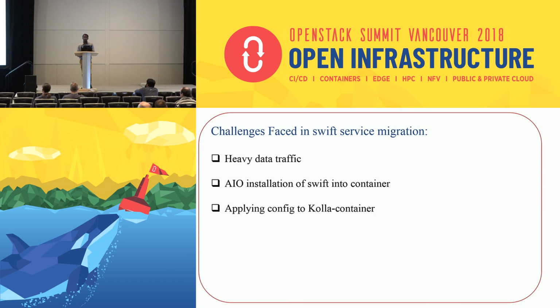So these are some of the challenges that newly need to be added to the Kolla migrator, as well as some on the Swift side, to support this kind of migration. So this is my experience doing the migration to Kolla for the Swift service.